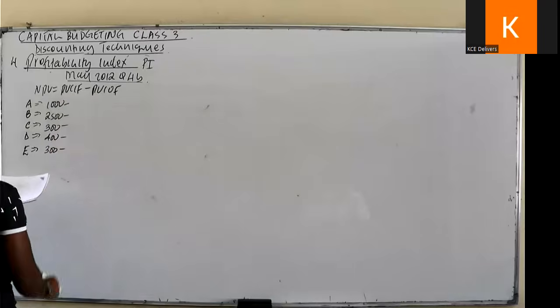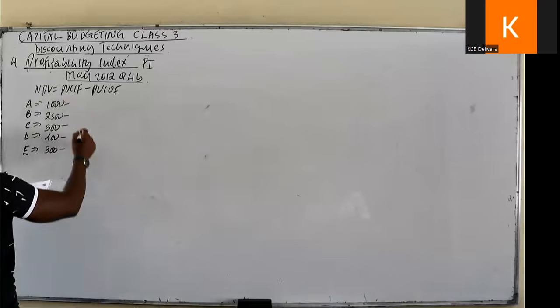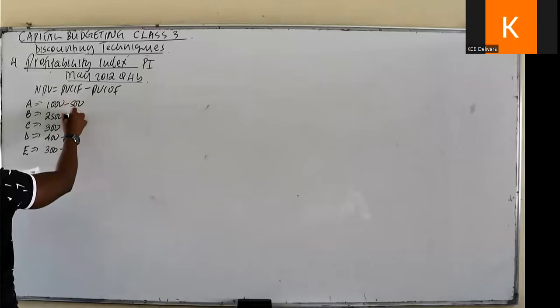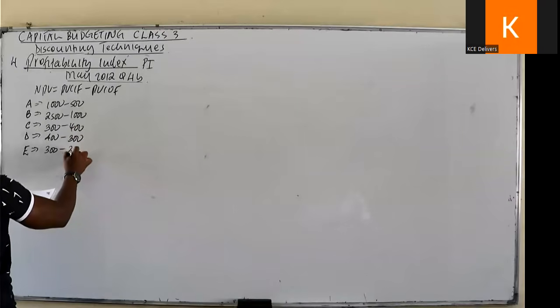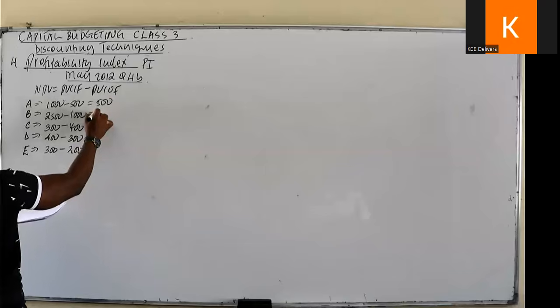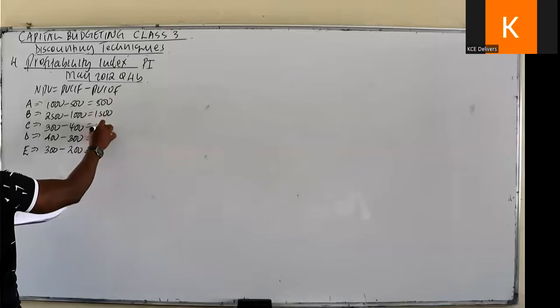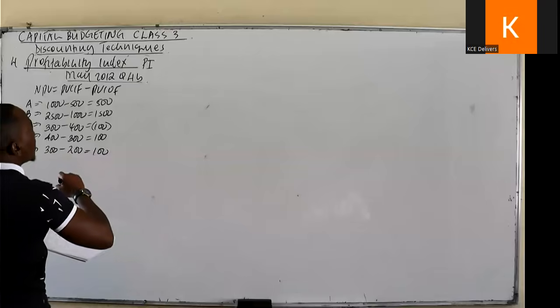Then you subtract the present value of cash outflow, the net investment outlays: 500, 1,000, 400, 300, 200. That's how we get the NPV: 500, 1,500, negative 100, 100, 100.